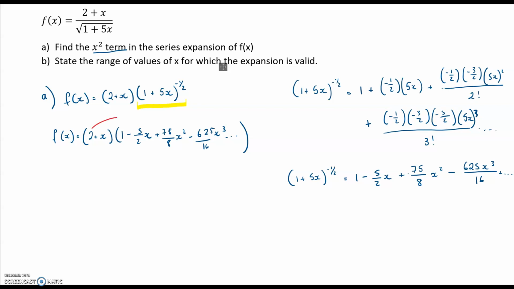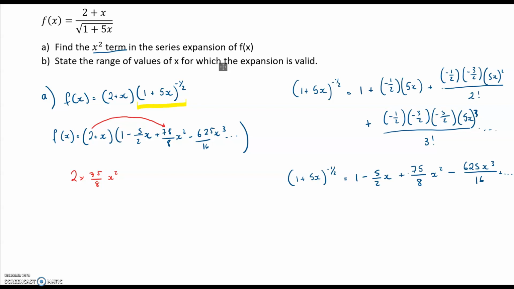If I multiply the 2 by the 75 over 8 x squared, that's going to give me an overall x squared variable. Okay, so I would have here 2 times 75 over 8 x squared, okay, which is 150 over 8 x squared. And I have to simplify that down a little bit more.